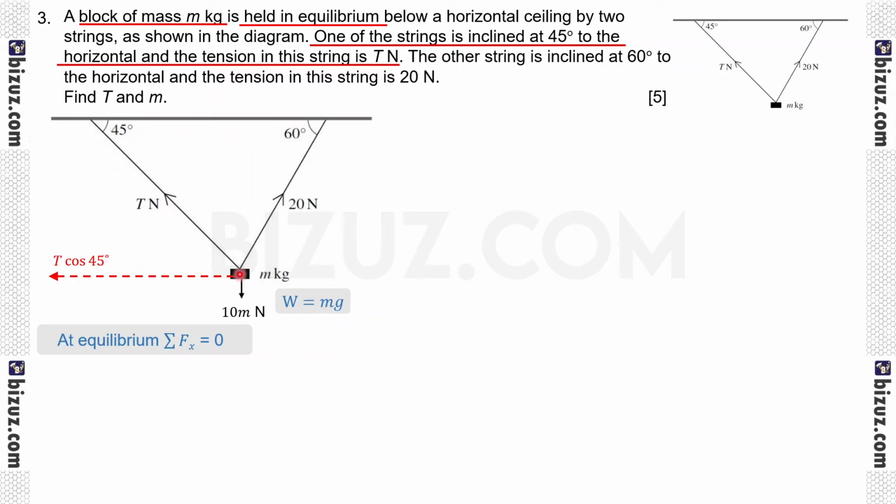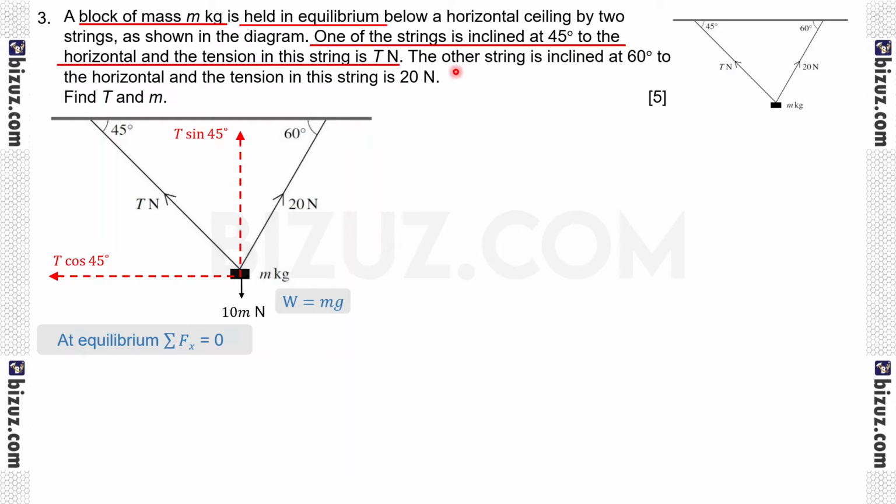First, its horizontal component acts towards the negative x-axis direction and is equal to T cos 45 degrees. And its vertical component acts towards the positive y-axis direction and is equal to T sin 45 degrees.